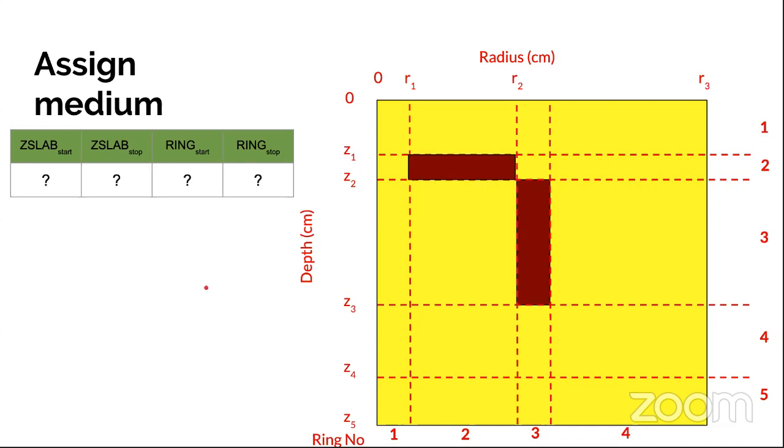Okay, how about this one? We want to assign now a medium to this region and to this region. A bit tricky, huh? 2, 2, and 2, 2.